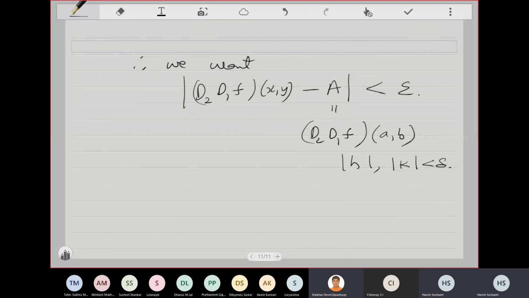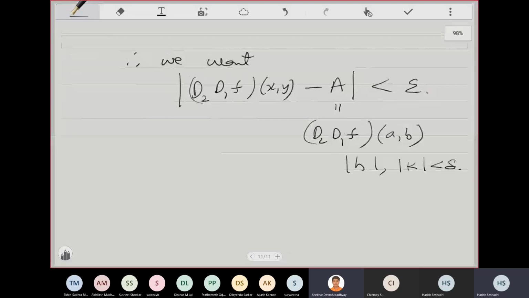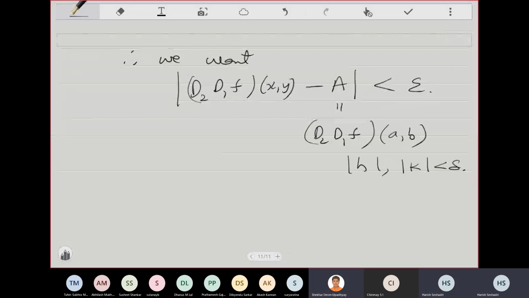Sir, are we given that D21 is continuous? Yes, that is true. But it's in terms of xy, so where do this h and k play a role? We know that x has to lie between a and a plus h. That's the point.